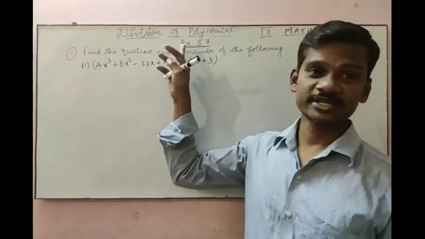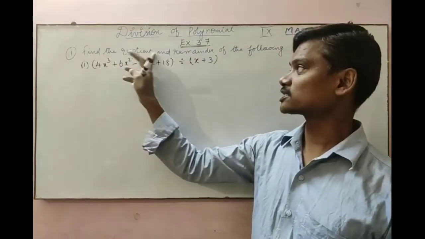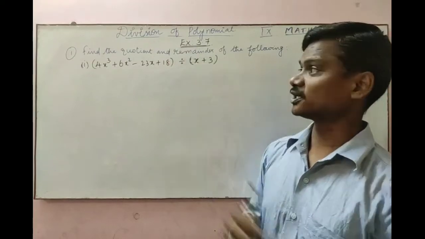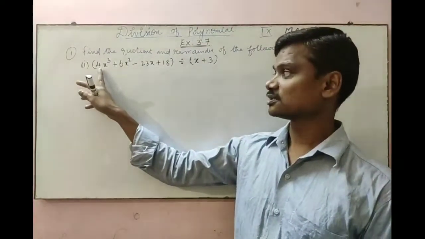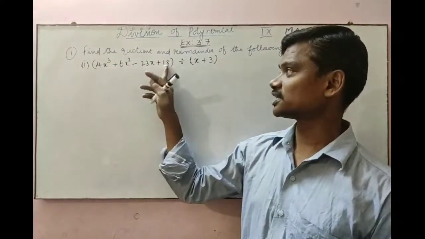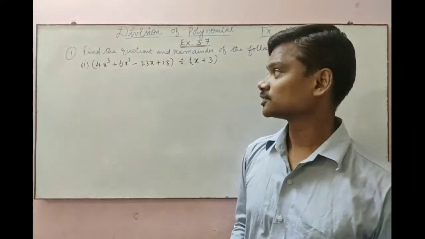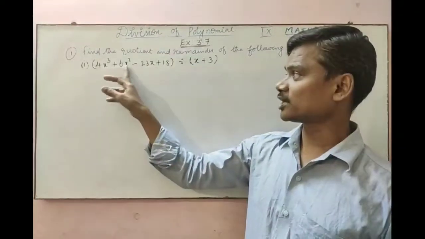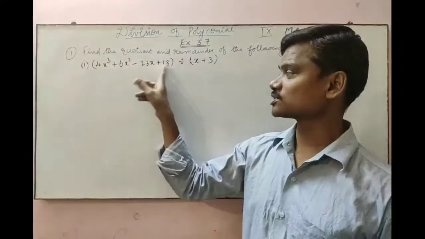Okay, in exercise 3.7, in the first sum, find the quotient and the remainder of the following division of polynomial. Here the first question is 4x cube plus 6x square minus 23x plus 18 divided by x plus 3. So first we have to check whether the polynomial is in standard form and it has all the terms or not.